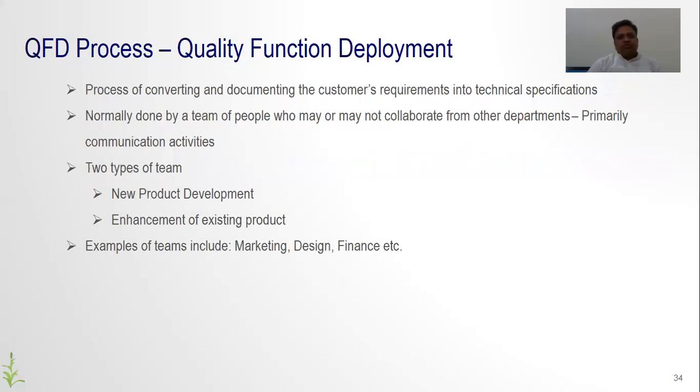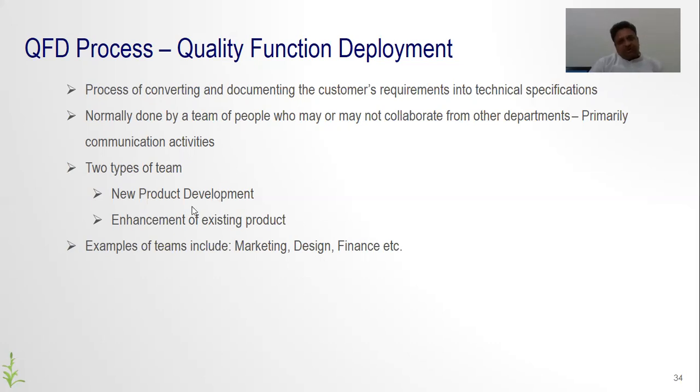So the QFD process is quality function deployment, the process of converting and documenting the customer's requirements into technical specifications. Normally done by a team of people who may or may not collaborate with other departments, primarily communication activities.